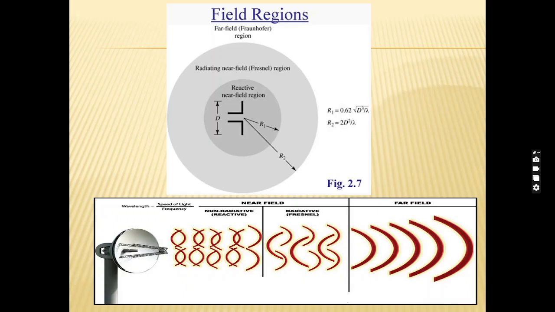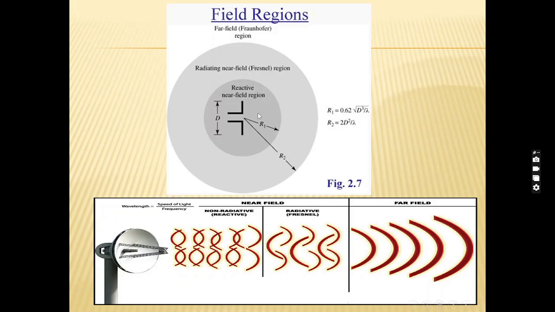from the antenna surface. Now the radiating near field region is defined as the region of the field of an antenna between the reactive near field region and the far field region, where radiation predominates and wherein the angular field distribution is dependent upon the distance from the antenna.